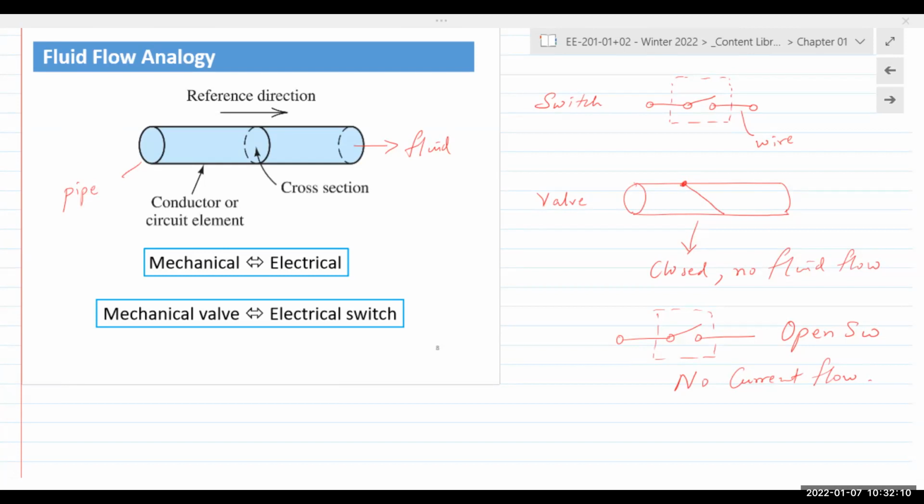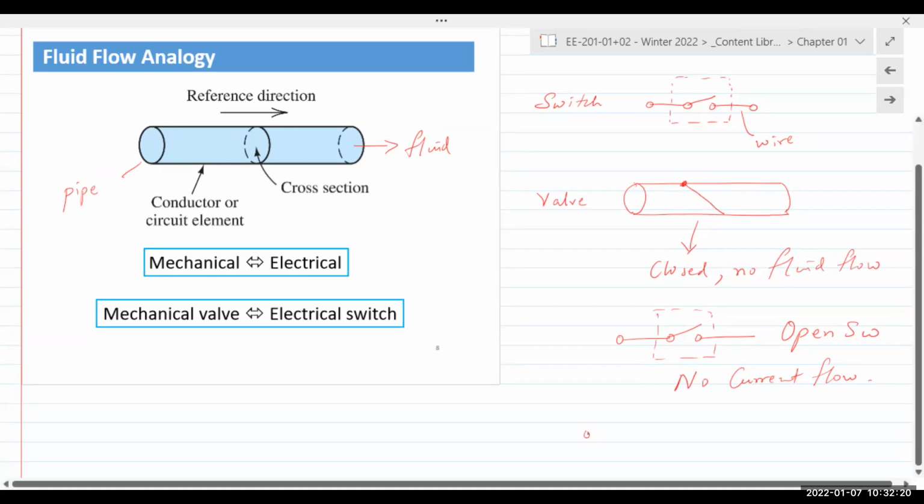Okay. And then the exact opposite happens when it's closed. A closed switch is referred like this, meaning there is a pathway for the current to flow through.